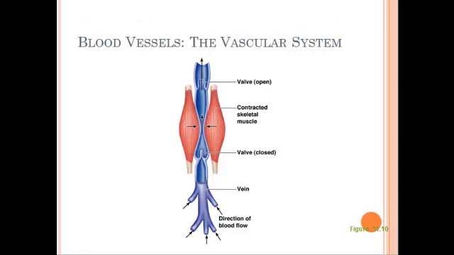Veins have much larger vessels. The inside, or what we call the lumen of the veins, is much larger on the inside than on the arteries. They also have these, because it's a passive system, we have these valves. And these valves keep the blood from flowing backward. So by the time the blood gets through the capillaries and into the veins, the blood pressure from the heart is essentially gone.